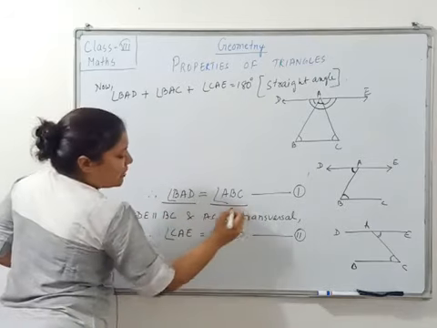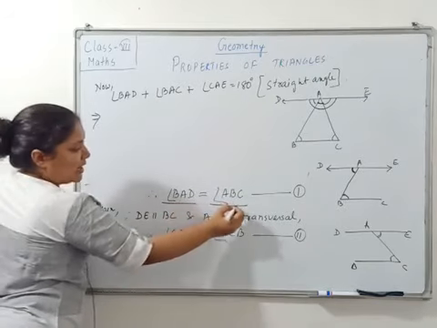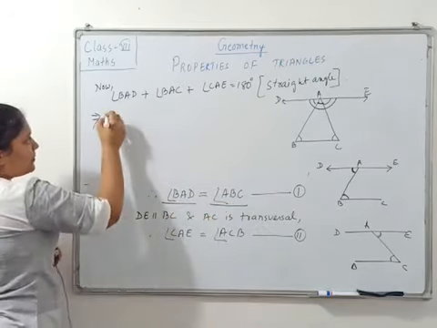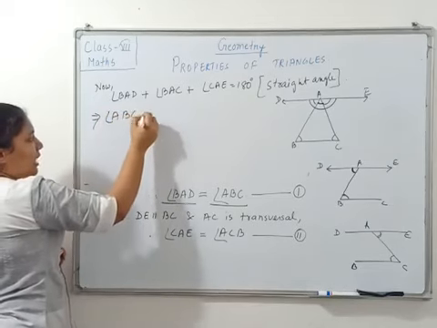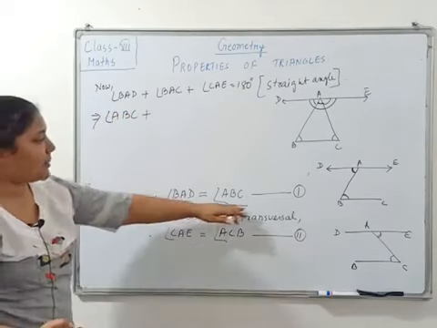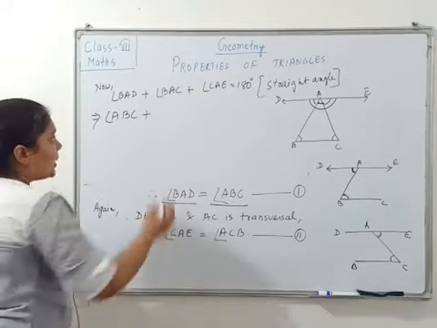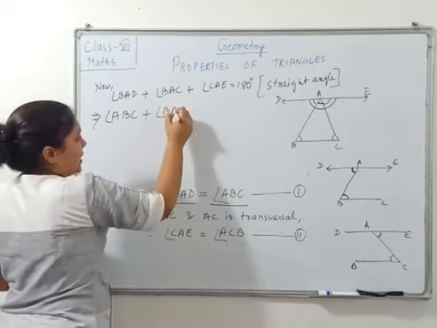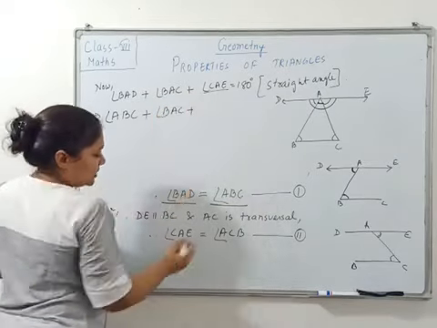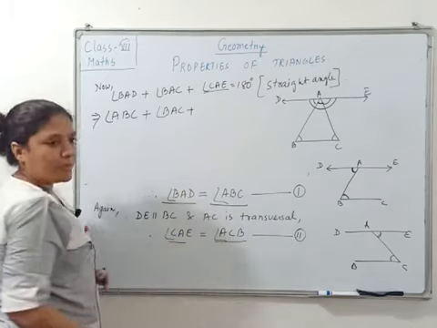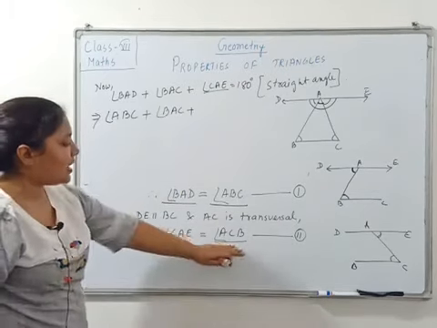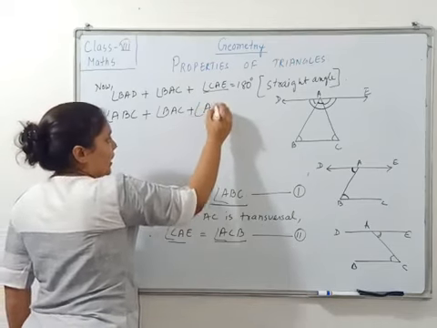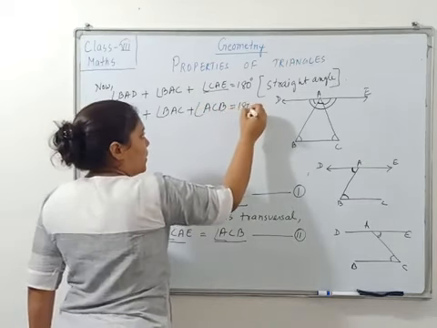BAD is equal to ABC also, so in place of BAD, I can write ABC, because BAD and ABC are equal. BAC I will just write BAC. CAE is equal to ACB, so in place of CAE, I can write ACB. So ABC plus BAC plus ACB equals 180 degrees.